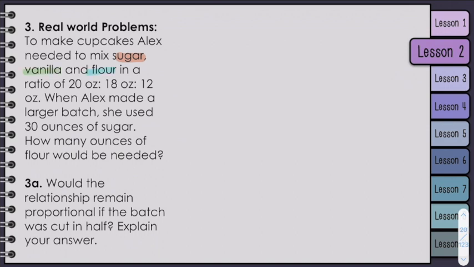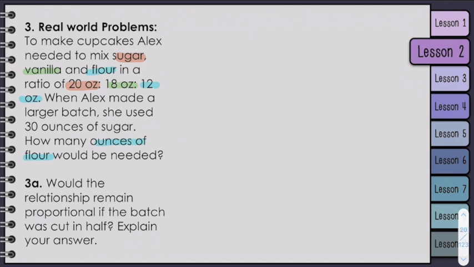So we have a ratio of 20 ounces, 18 ounces, and then 12 ounces. When Alex makes a larger batch, she uses 30 ounces of sugar. How many ounces of flour would be needed? So we are focusing on the ounces of flour.